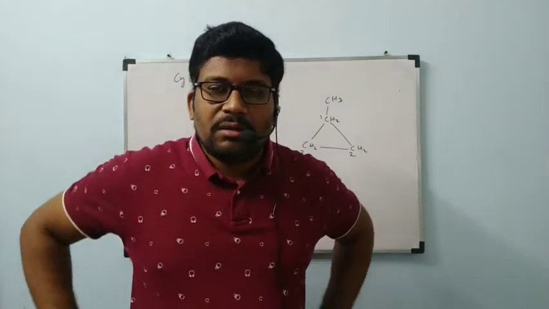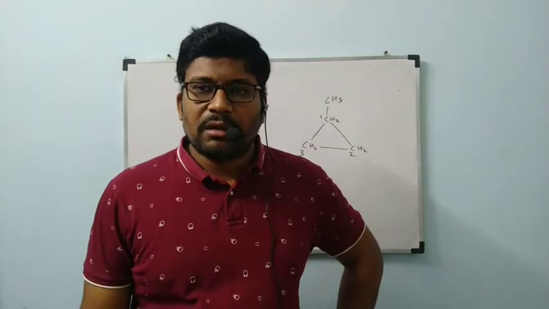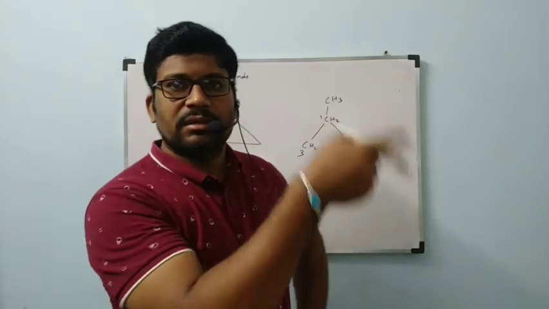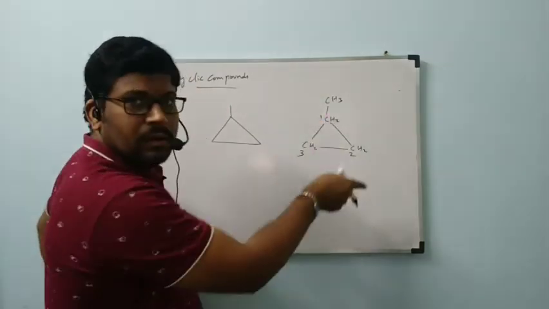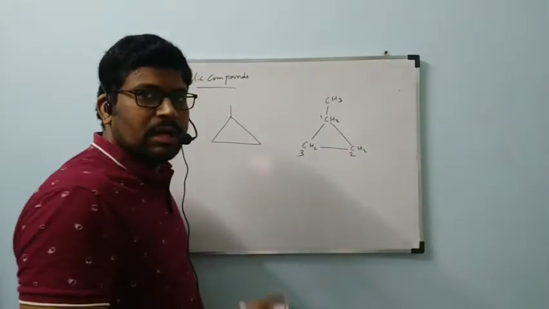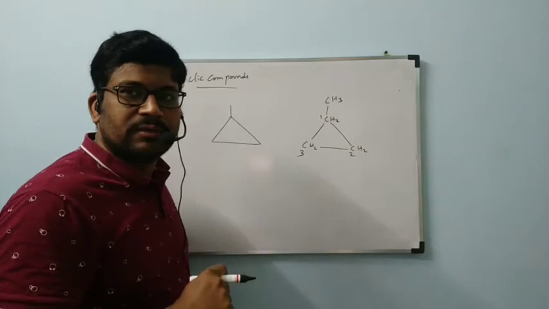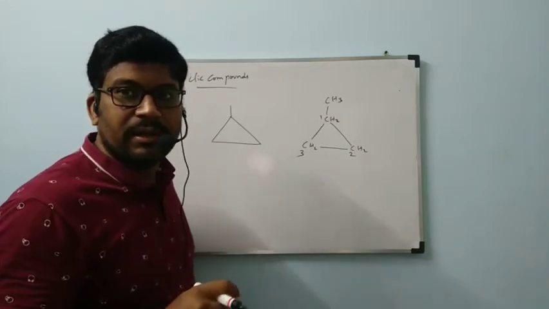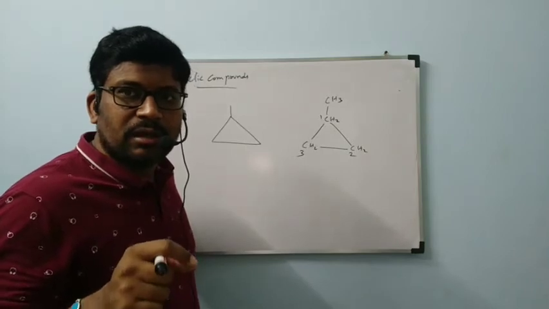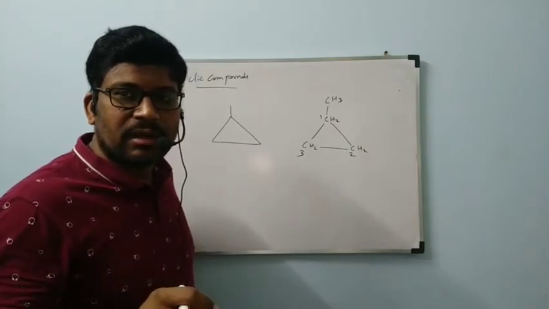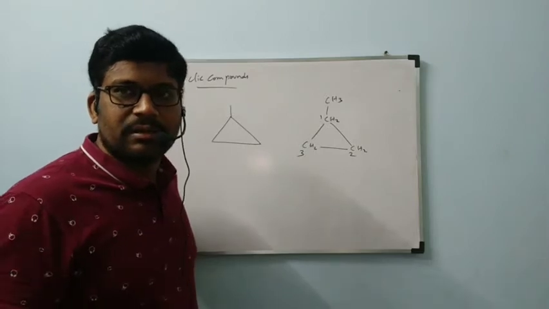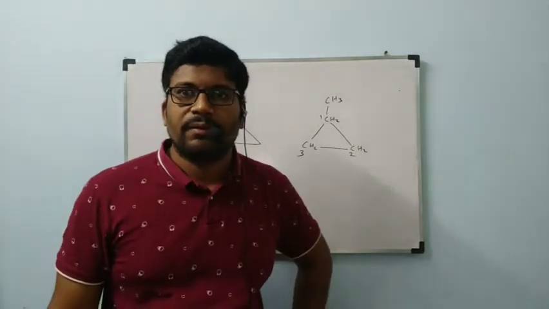Anti-clockwise, the other way. In these 2 different ways we can give numbering. But whichever it is, the parent chain carbon bonded to the side chain must get the least number. That is according to the least number rule.